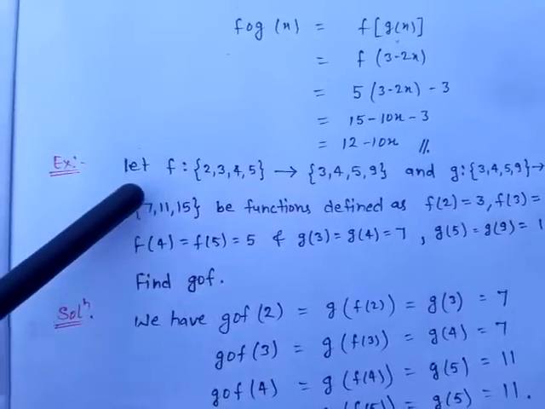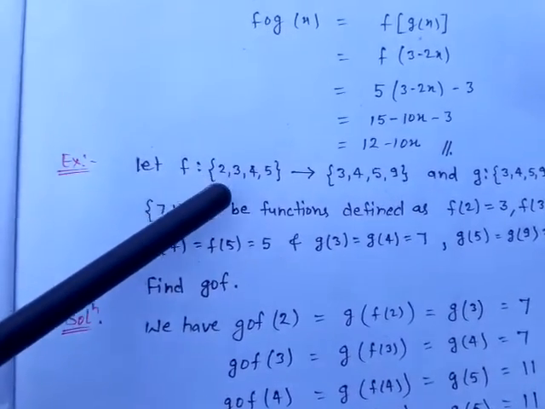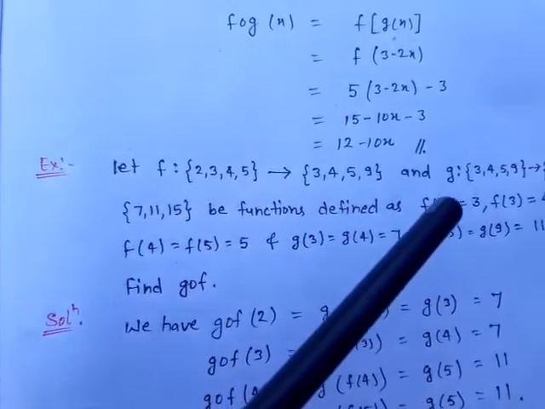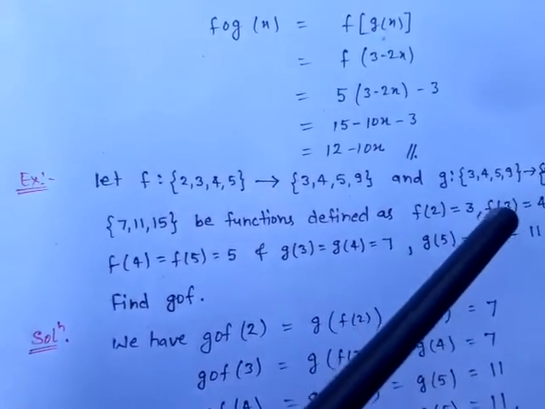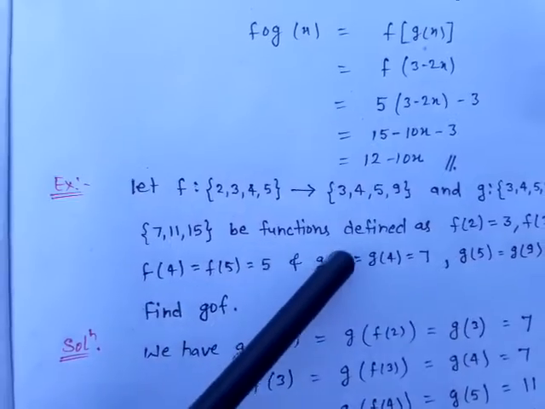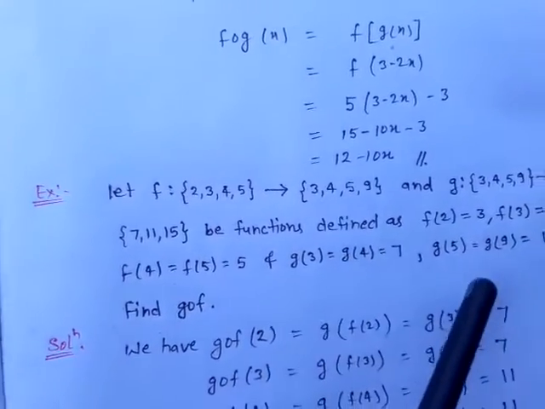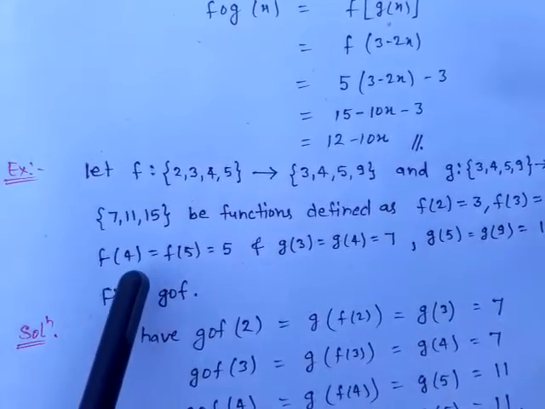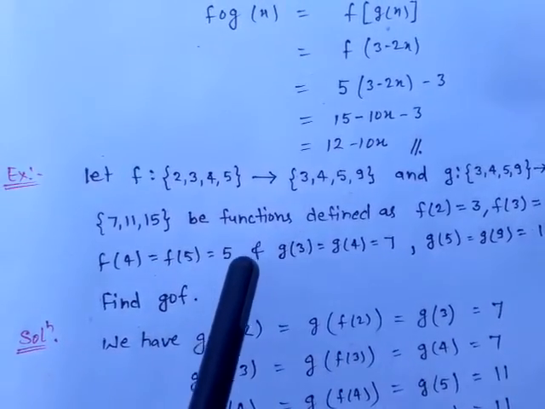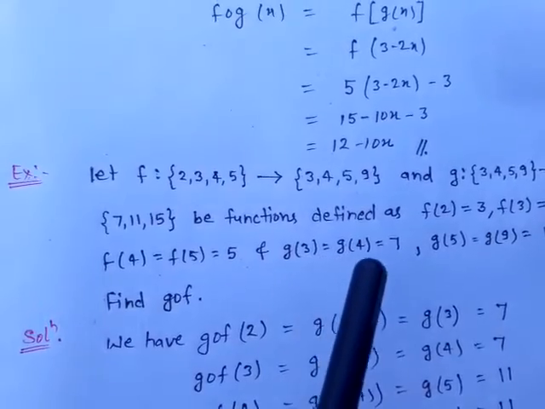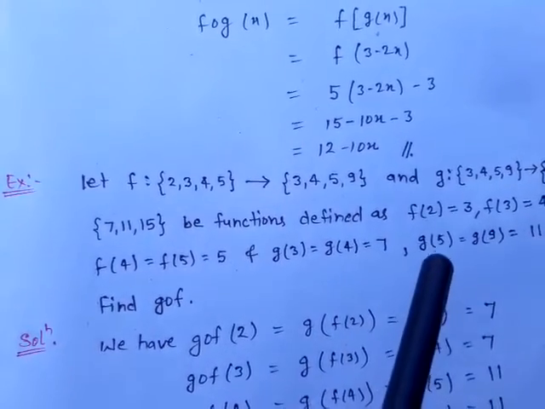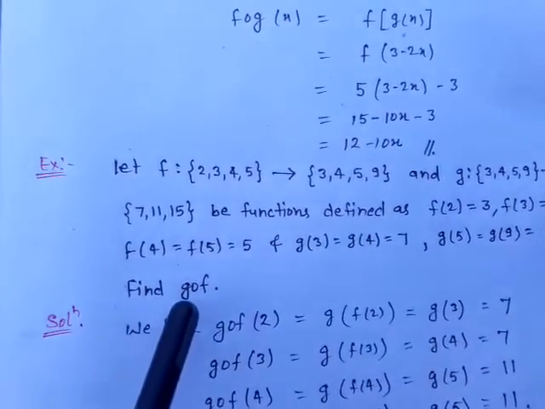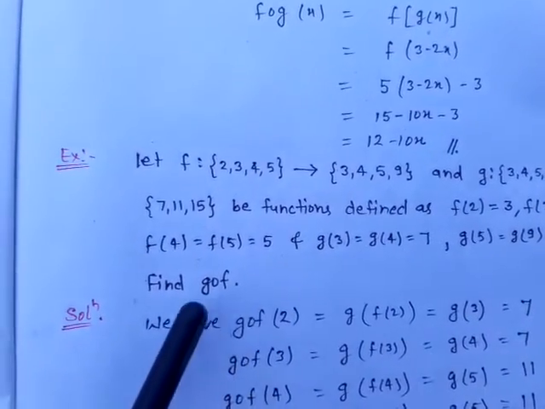The second example: let f: {2, 3, 4, 5} → {3, 4, 5, 9} and function g: {3, 4, 5, 9} → {7, 11, 15} be the functions defined as f(2) = 3, f(3) = 4, f(4) = f(5) = 5, and g(3) = g(4) = 7, and g(5) = g(9) = 11. Find g∘f.